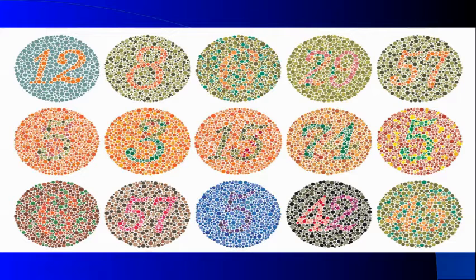And when an individual is looking at a colorblind test, they should see different numbers or images within the image that they're shown. There are different color patterns because there are different kinds of color blindness. And so the different color patterns are used to determine if there's a specific type of color blindness an individual may be afflicted with.